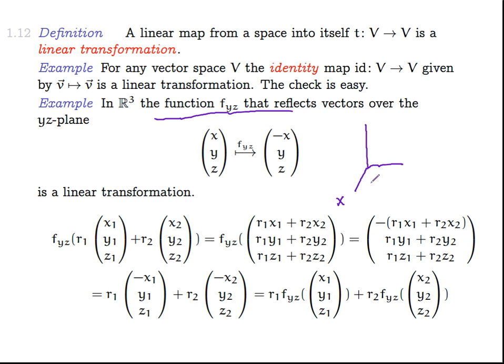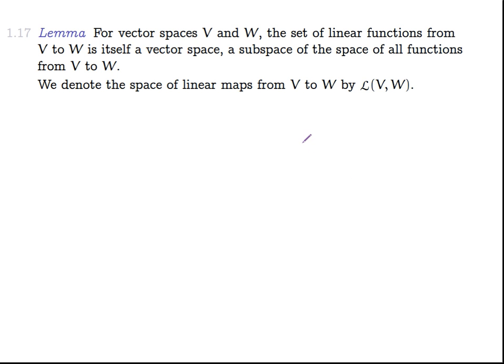If I have my three coordinate axes, x, y, and z, and suppose I'm along the x-axis, well, any vector along the x-axis is going to be reflected in the zy plane. So what this map does is it's as if the zy plane is a mirror, and it maps the vector to its corresponding vector on the other side. And you can verify that this reflection map is in fact a linear map. Since it's a linear map of R3 to itself, it's a linear transformation.